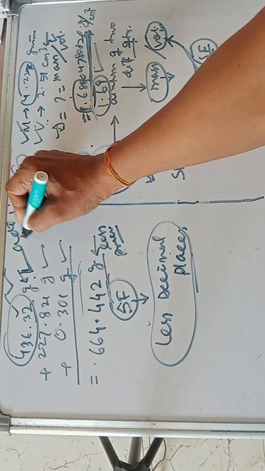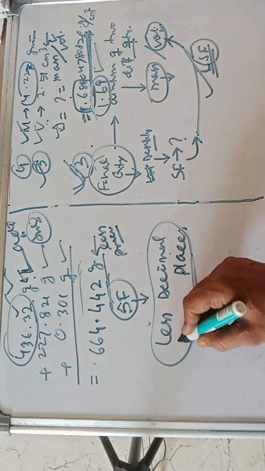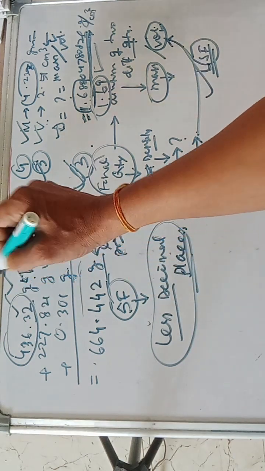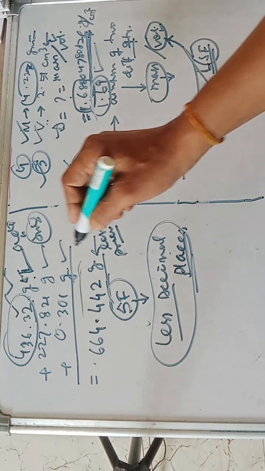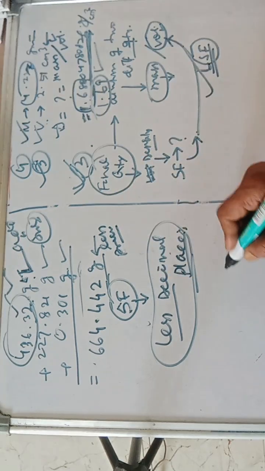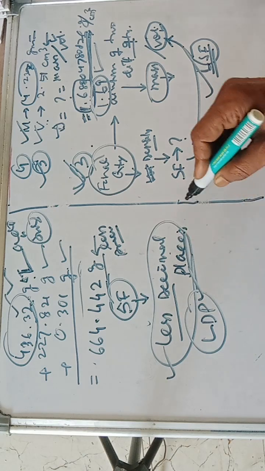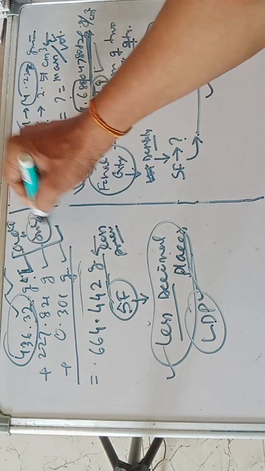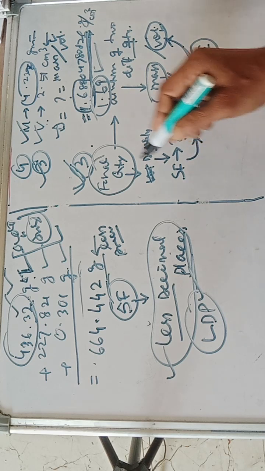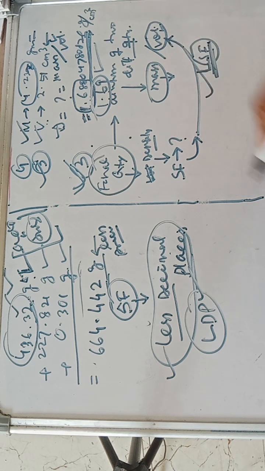While doing addition or subtraction, the final quantity will refer to the number having fewer decimal places. That means fewer decimal places will be the key factor while doing addition and subtraction, and while doing multiplication and division, the least significant figure will be the key factor to find out the results.